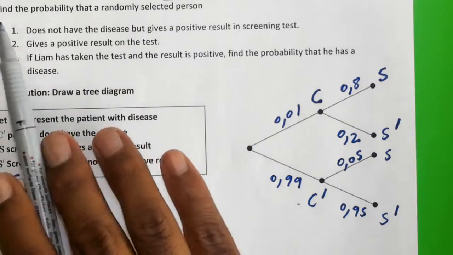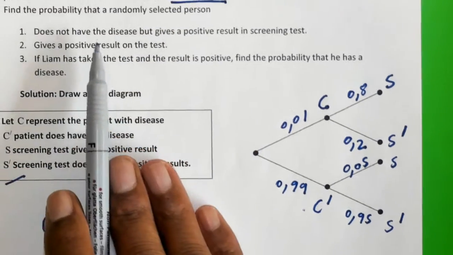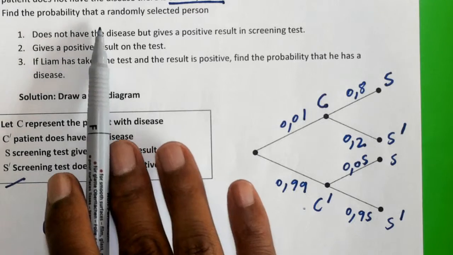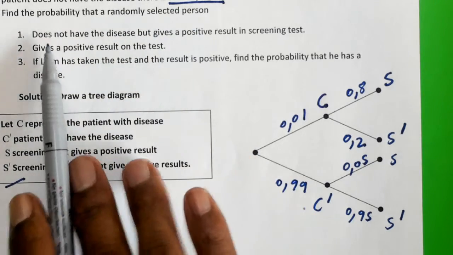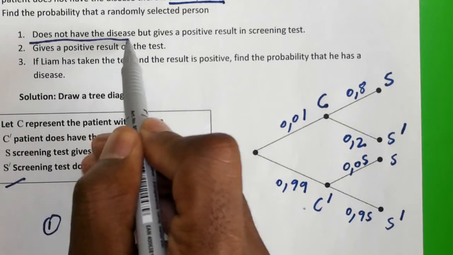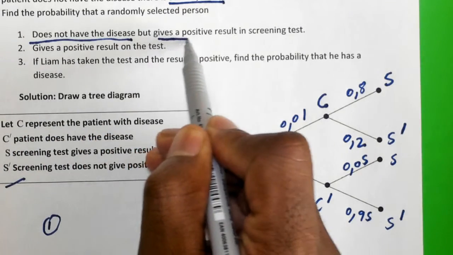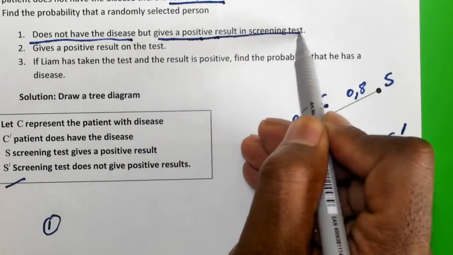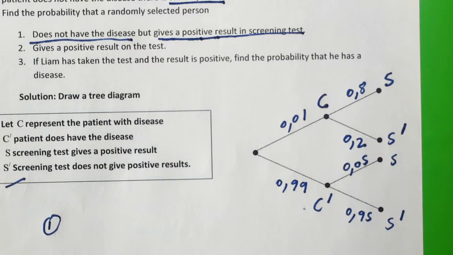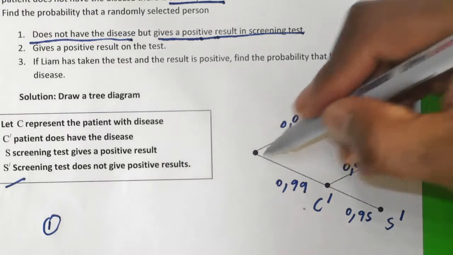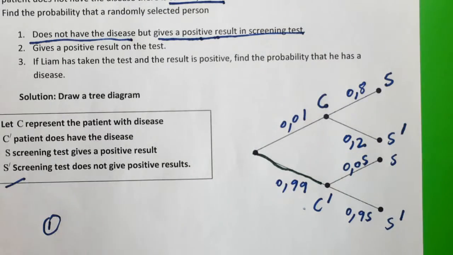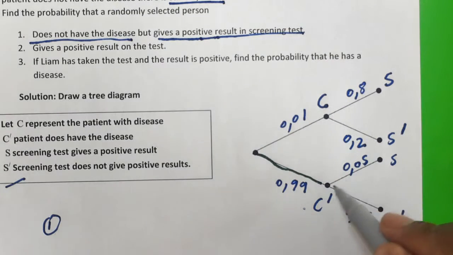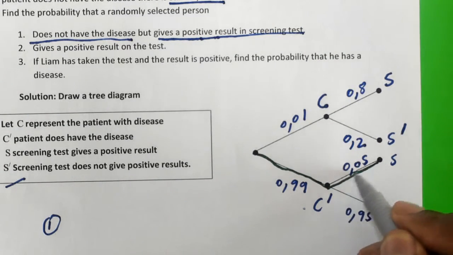Find the probability that a randomly selected person does not have a disease but gives a positive result in screening. Okay, does not have a disease, can you see that branch, but gives a positive result in screening.